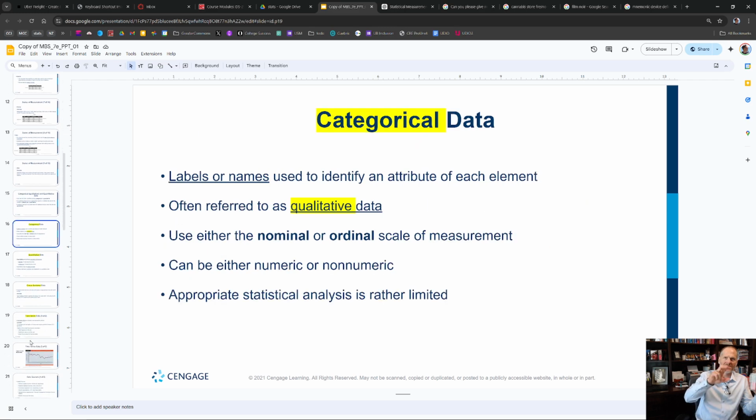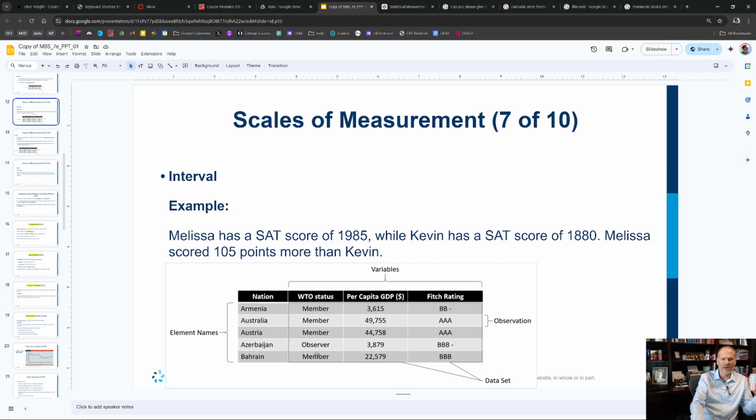And with quantitative data, we could do a lot of math, right? It's kind of hard to do math on stuff like member, observer, or BBAA. Can't really figure things out like averages or median, mode, right? Can't figure that out with nominal, ordinal, qualitative data. But with quantitative interval ratio data, you can start to figure out mean, median, mode, that kind of stuff.